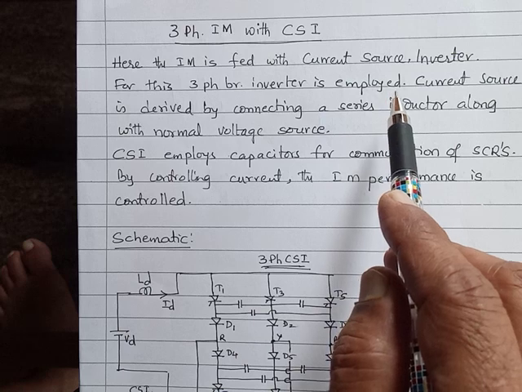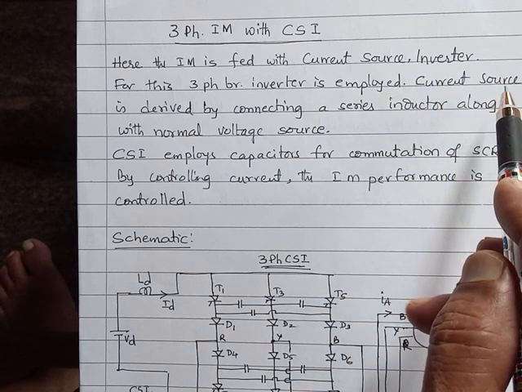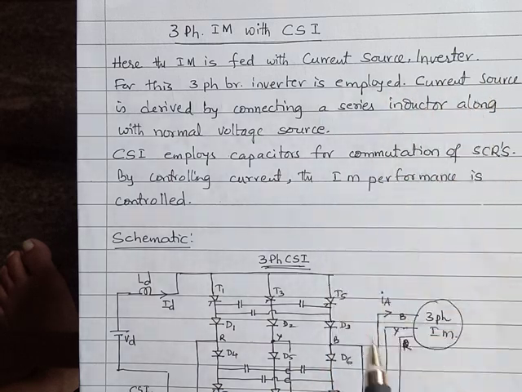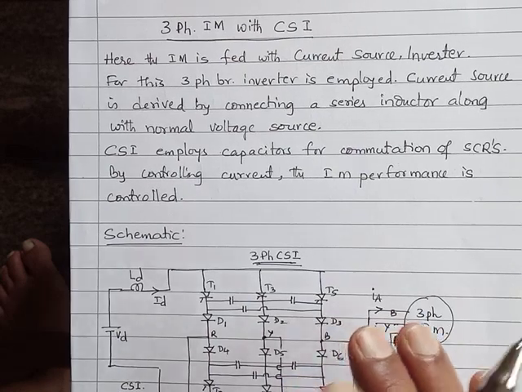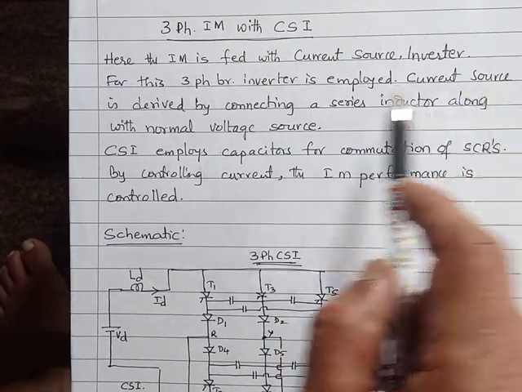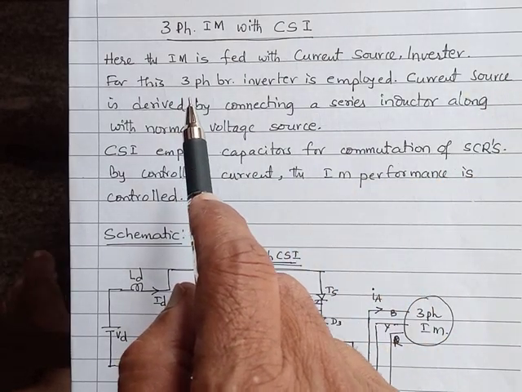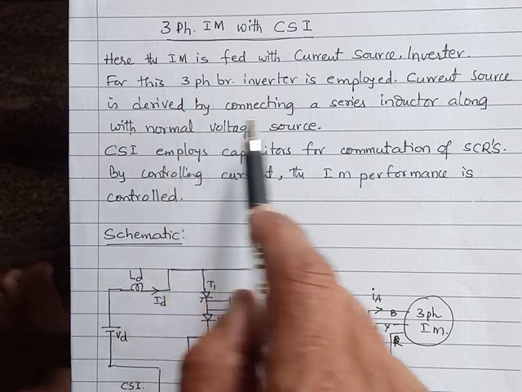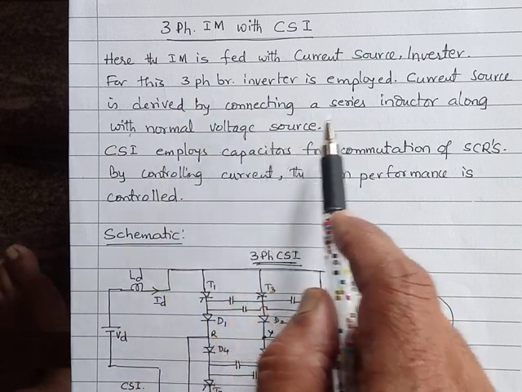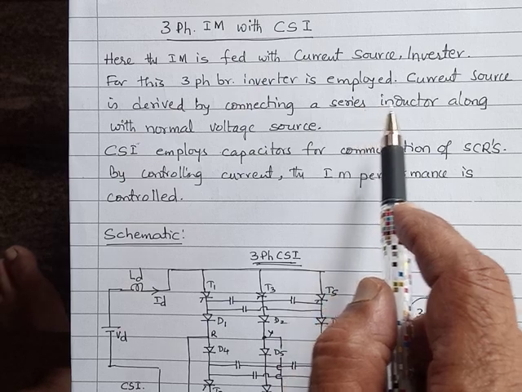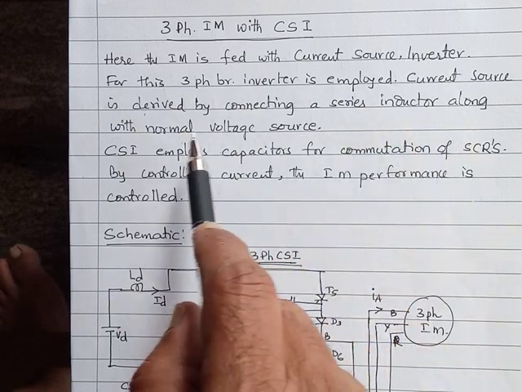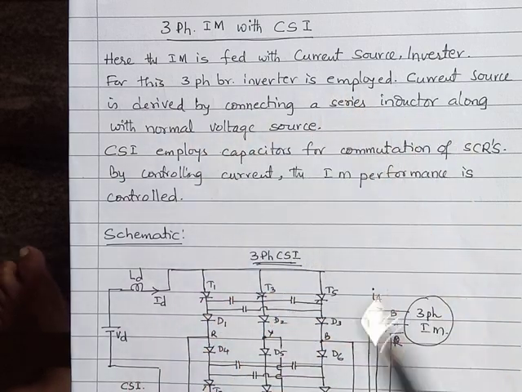And the current source we need to derive now, because normally we have a voltage source. Current source needs to be derived. How do we derive a current source? We derive a current source by connecting a series inductor along with the normal voltage source.